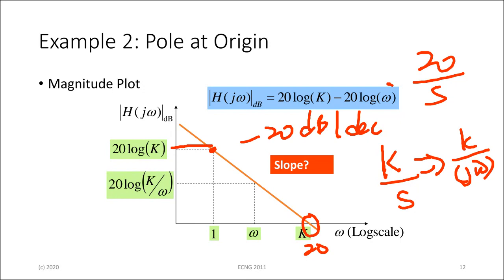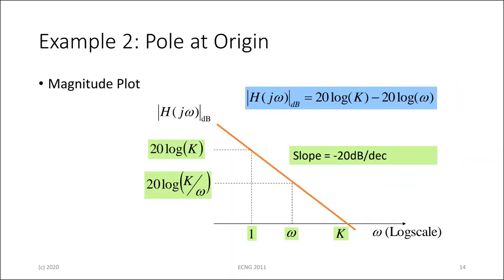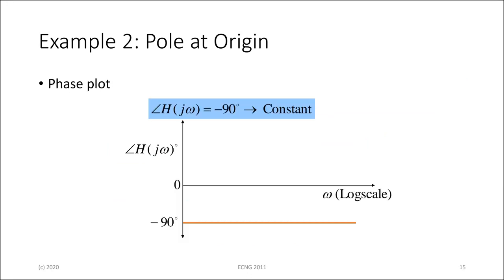So after that we saw the phase response, that a simple pole is 1 over j omega, so that the argument of 1 over j is minus 90 degrees. So the magnitude response was minus 20 dB per decade, and the phase angle was minus 90 degrees all the way through, a constant.